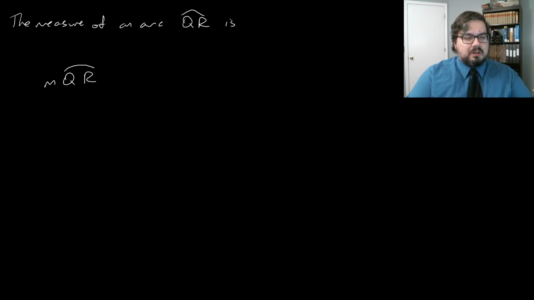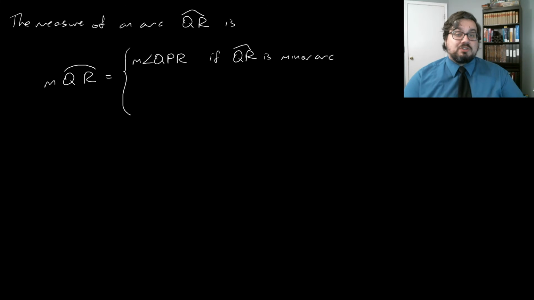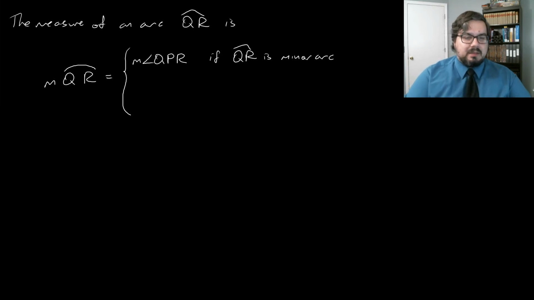The measure of the arc QR is equal to, and we're going to have three different cases. If the arc QR is a minor arc, then the measure of arc QR is just the measure of the angle QPR. It's the measure of the angle that sort of defines that arc.